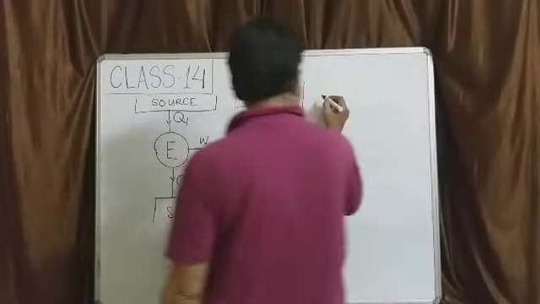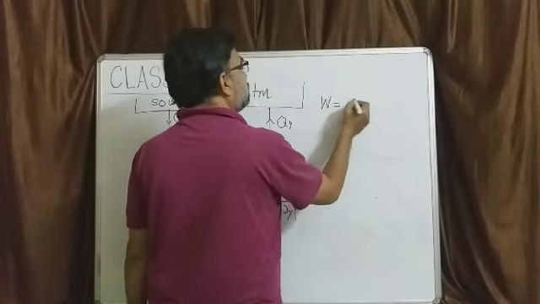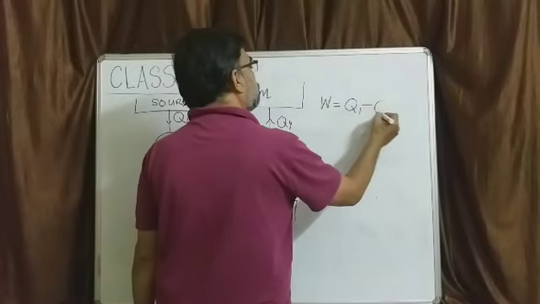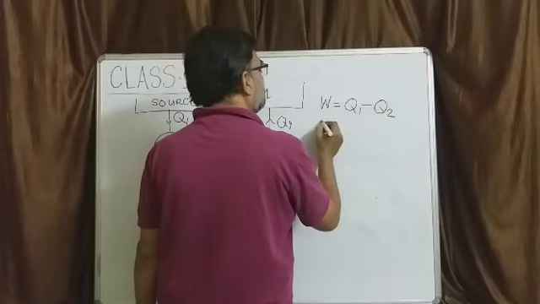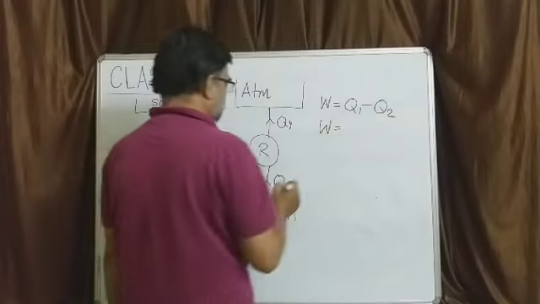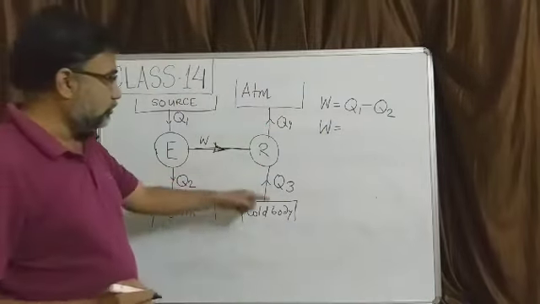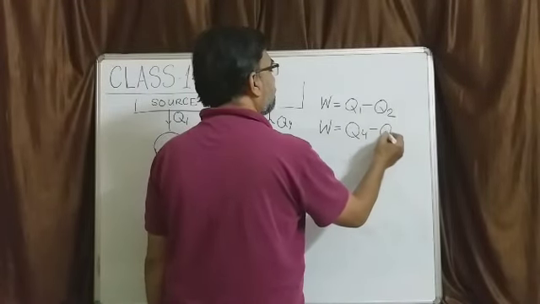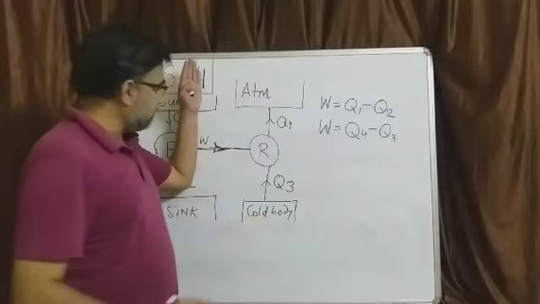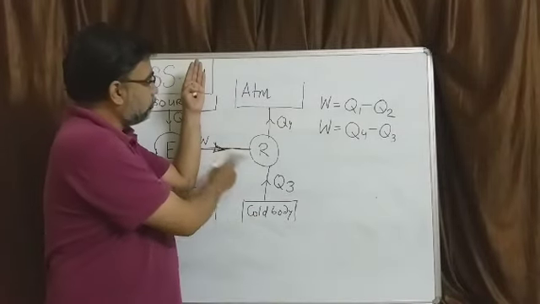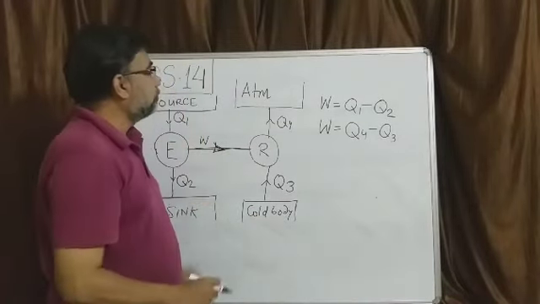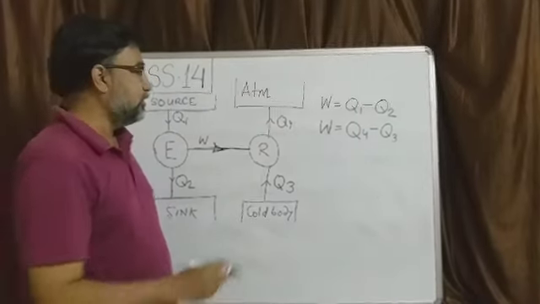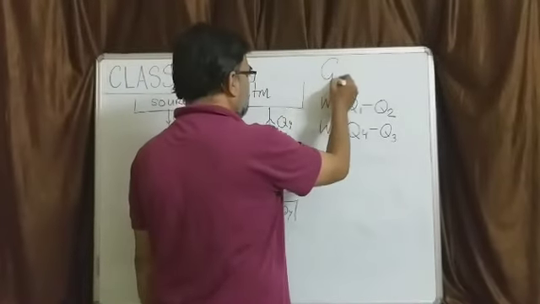W is Q1 minus Q2, and W is also Q4 minus Q3. If you look at this as a refrigerator only, then Q3 plus W is equal to Q4. Okay. So what is the given information?